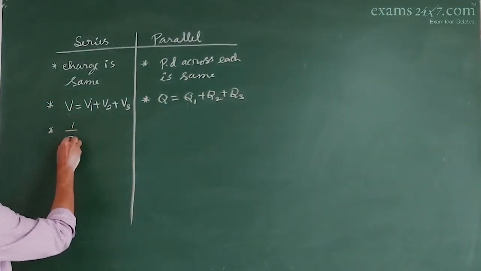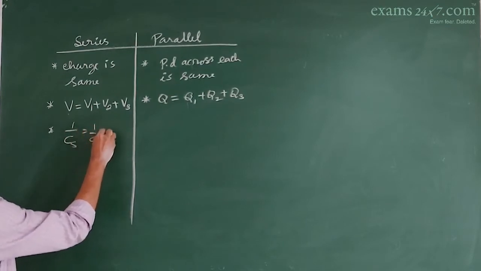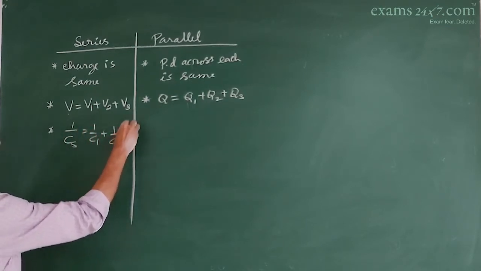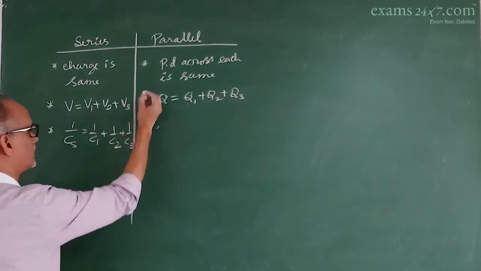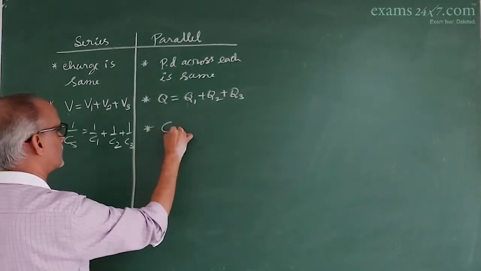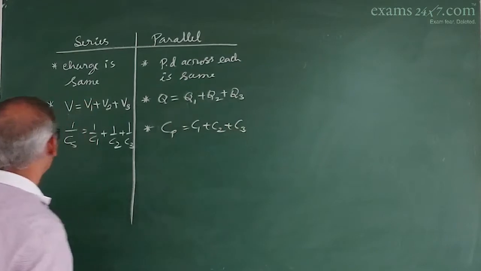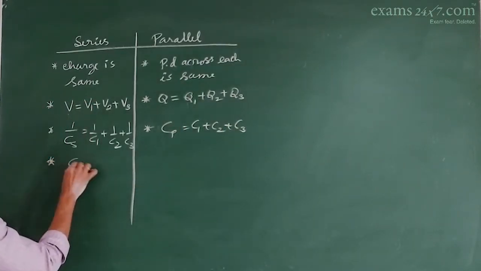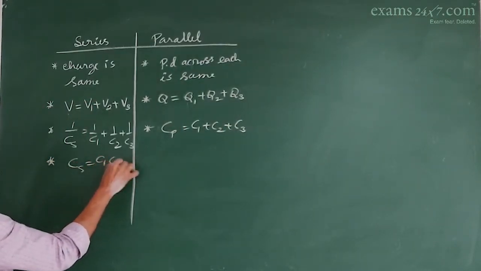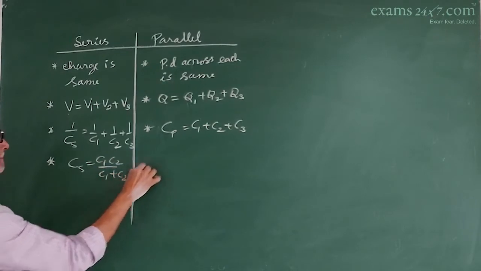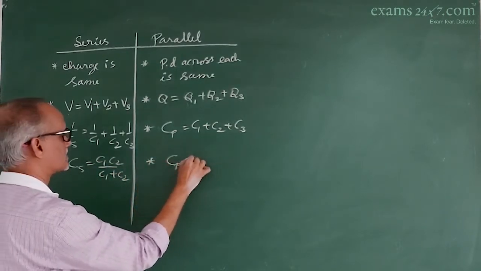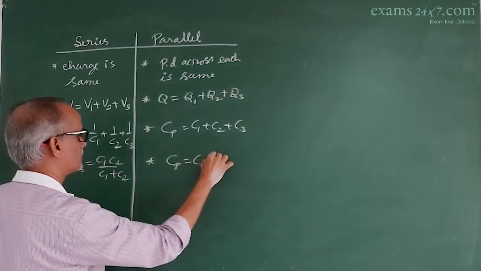Effective capacity: 1 by Cs is equal to 1 by C1 plus 1 by C2 plus 1 by C3, and here we get Cp is equal to C1 plus C2 plus C3. For two capacitors, Cs is equal to C1 C2 by C1 plus C2, and for two capacitors, Cp is equal to C1 plus C2.